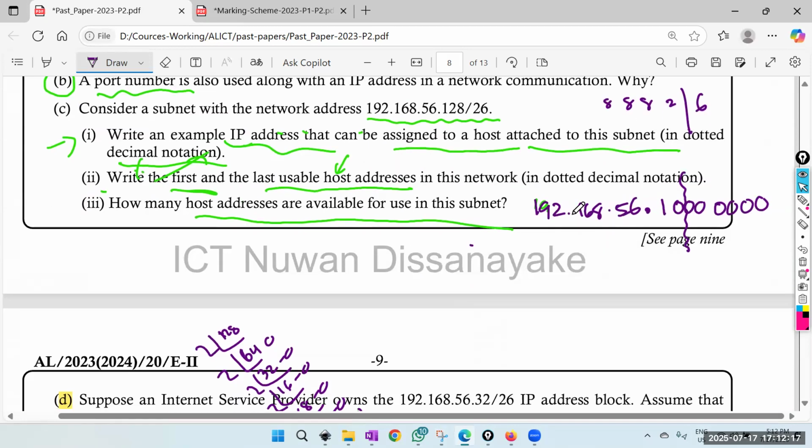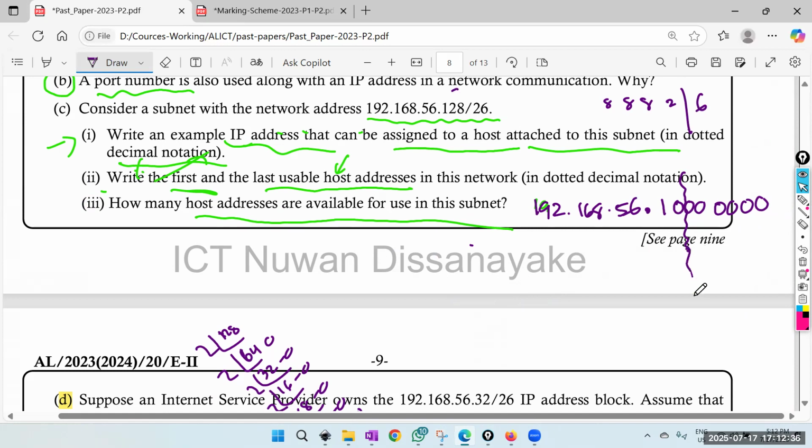So you can always write an IP address at any time, but let's first find the range. The first one is all zeros, and the last one is all ones. So this is basically the first address.